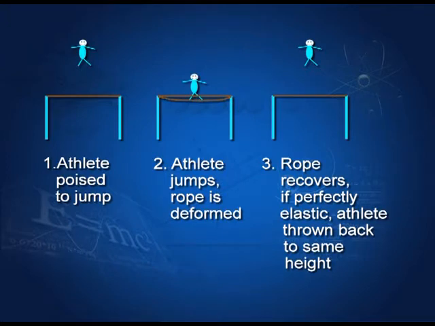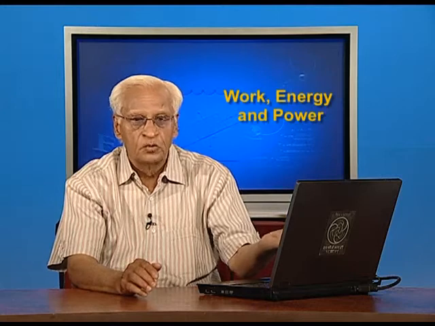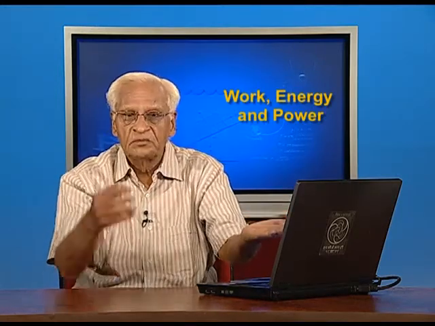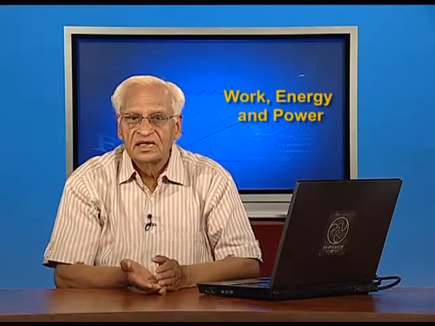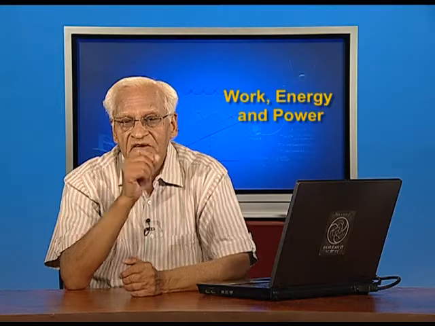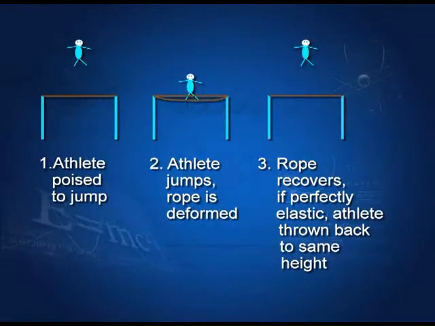This deformation now becomes the potential energy of this rope, and very soon it recovers its shape, and the potential energy is given as kinetic energy of the athlete, and the athlete bounces back to the same height. If the collision is perfectly elastic, then the athlete must bounce back to the same height.